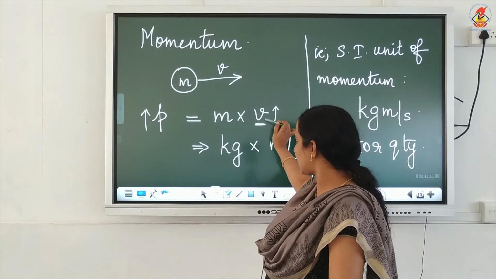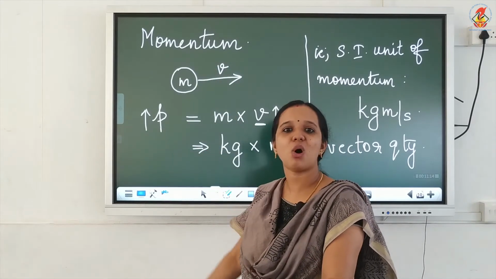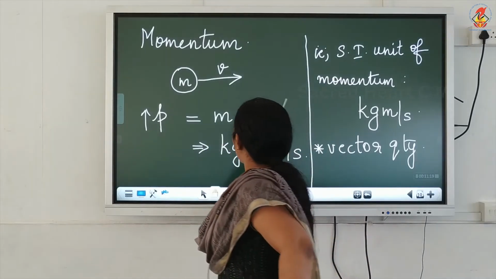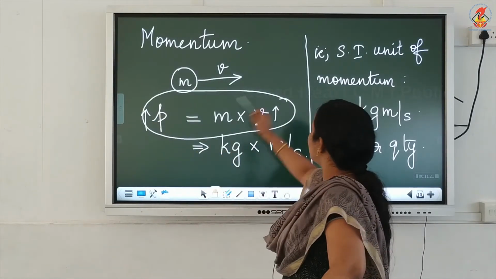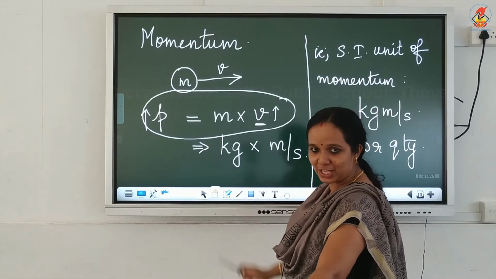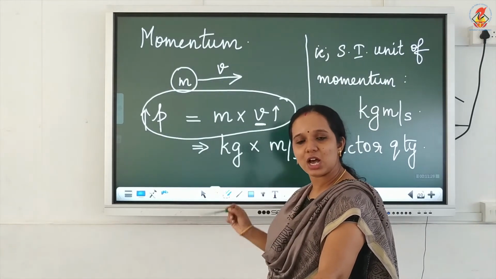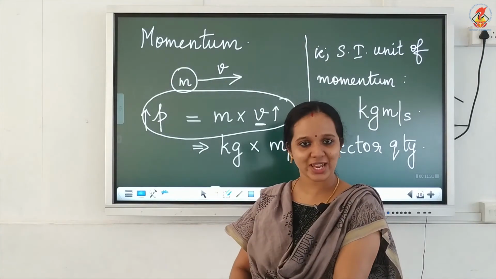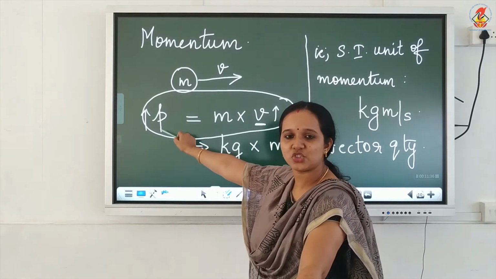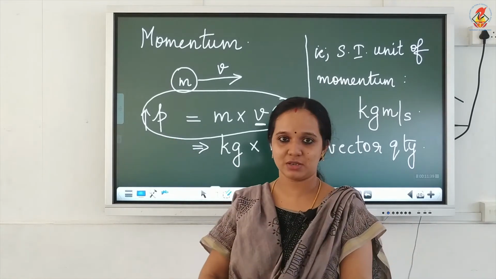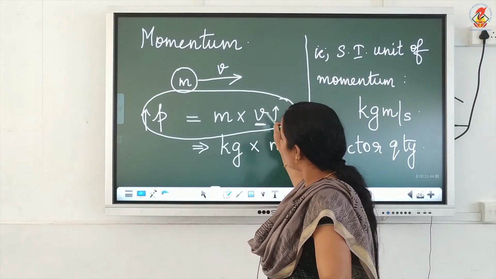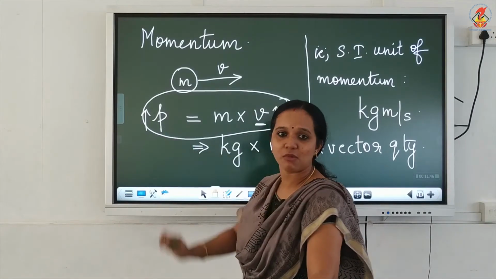If velocity changes, momentum also gets changed according to the equation P is equal to m into v. So, force changes velocity, which in turn changes momentum.